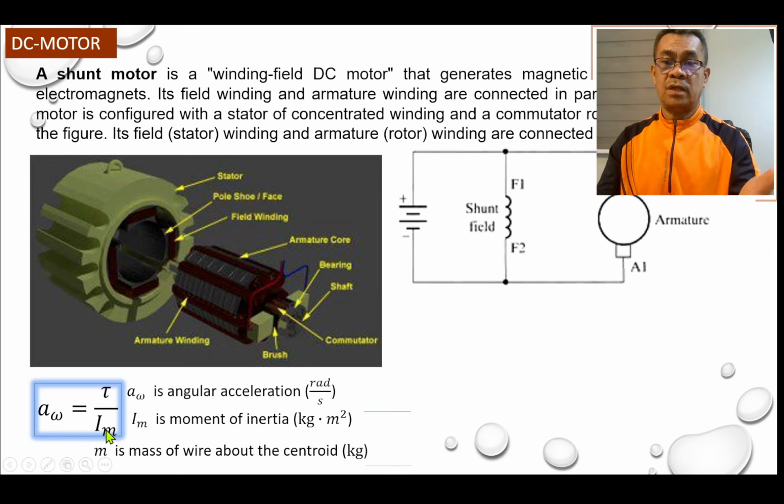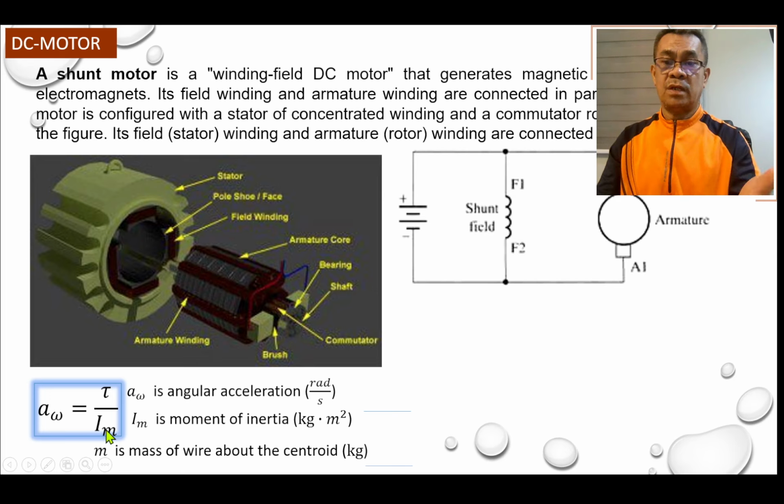So this should be M times L squared, which is kilogram meter squared. This is if the segment is like this. Now take note that if this is a rectangle, then we have a segment like this, which is parallel to the axis of rotation, and this one is perpendicular.